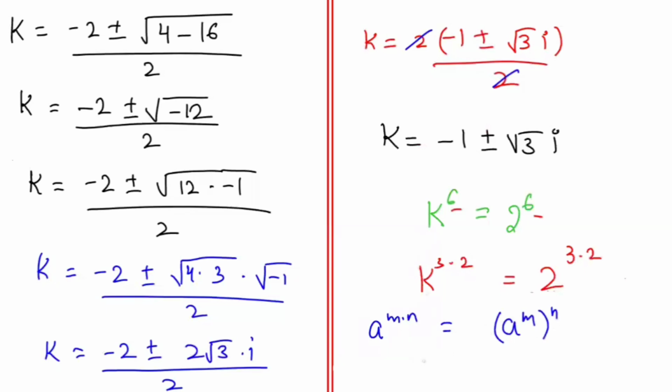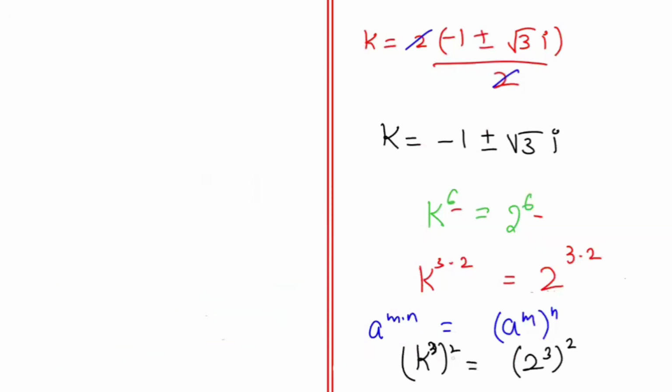So this can be written as k to the power of 3 and whole to the power of 2 is equal to 2 to the power of 3 and whole to the power of 2. Here I want to root this power, so I am going to take root both the sides. k cube whole to the power of 2 is equal to 2 cube whole to the power of 2.